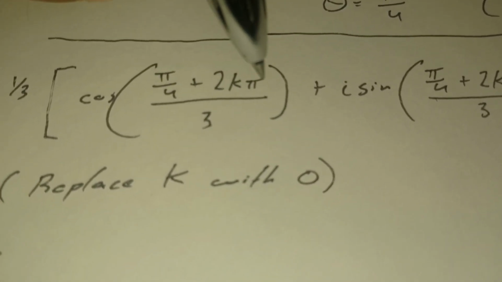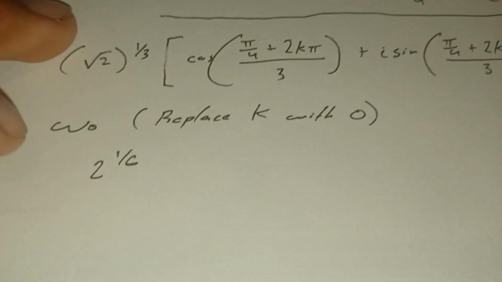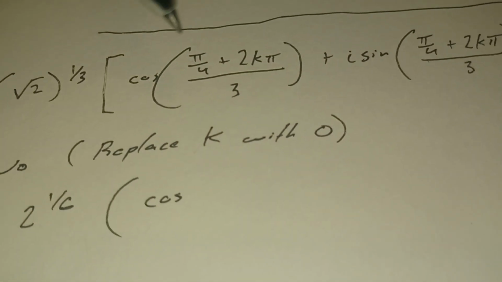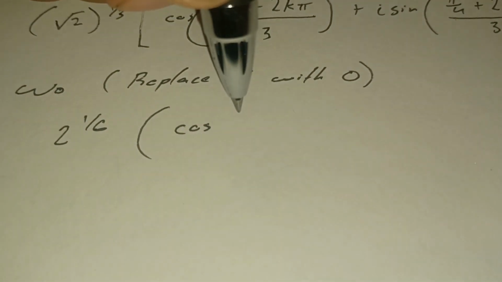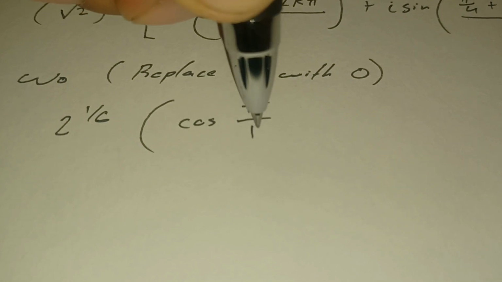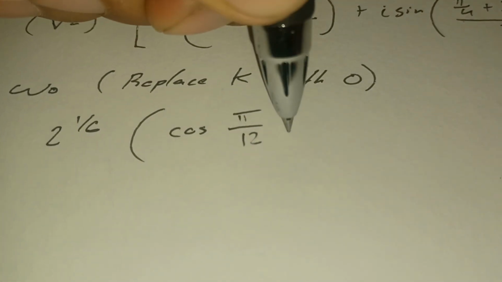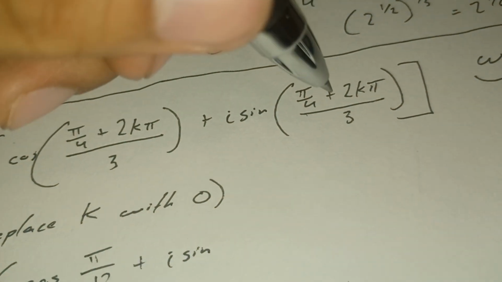Pi over 4 plus 0 is obviously just pi over 4, and now we have to divide by 3. So remove the brackets: pi over 4 divided by 3 is pi over 12. So cosine of pi over 12 plus i sine of pi over 12, because this is basically the same thing.